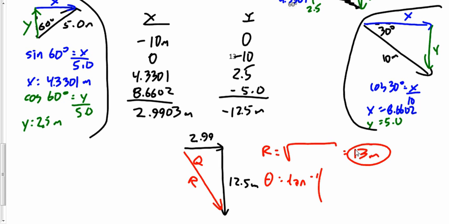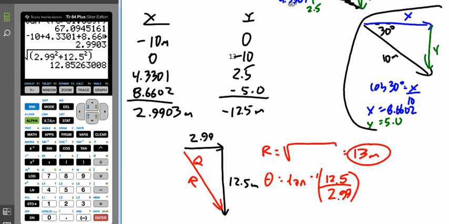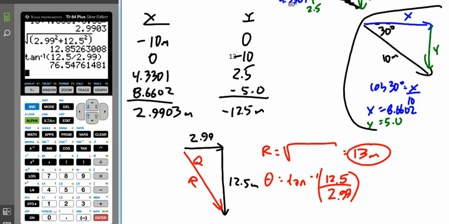What's the opposite side here? Dedenik, what's the opposite side? Is it 2.99 or 12.5? Yep. Good. We already checked that we were in degree mode, so we don't need to do that again. Second function tan of 12.5 divided by 2.99. 77 degrees.